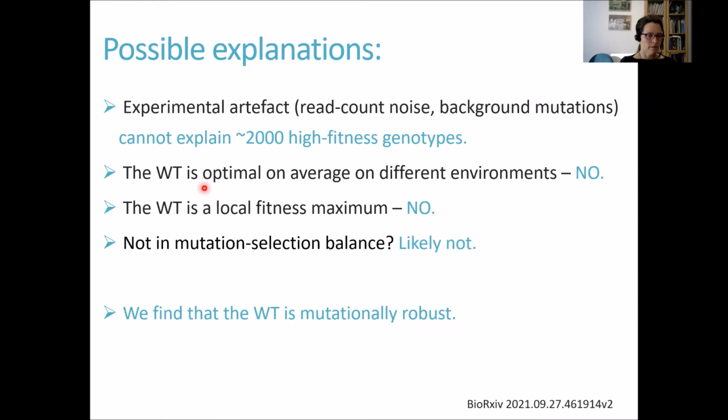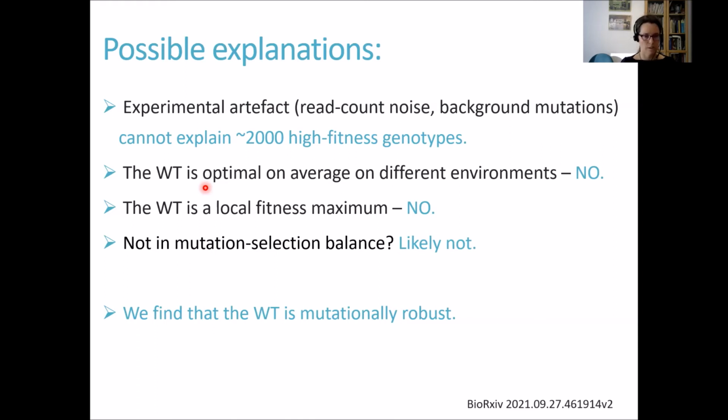The second explanation was perhaps the wild type is not the fittest in any single condition, but it is optimal on average on multiple conditions. I'll show you that this is not the case, at least for the 4 conditions that we have measured. Third option, perhaps the wild type is a local fitness maximum and the population just stopped there.